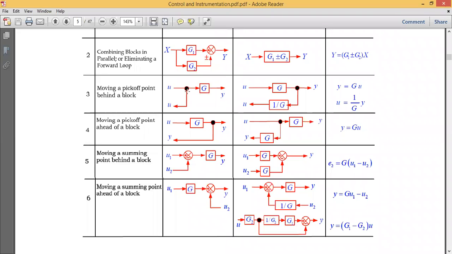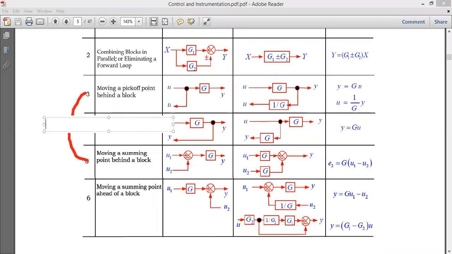If it is a takeoff point after the block, make it 1 by G. If it is a summation after the block, you simply make it only the G block. So point number 3 and point number 5 are almost similar but not the same. Therefore you should be very careful once you go for finding the solution.